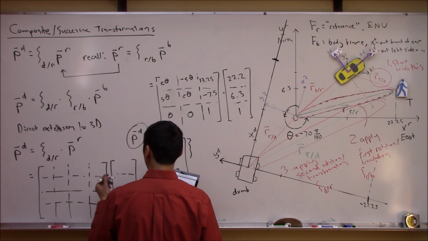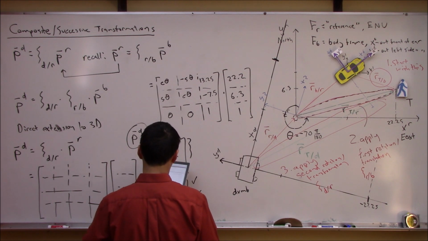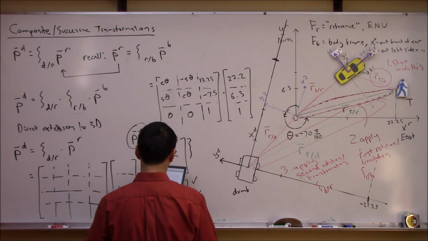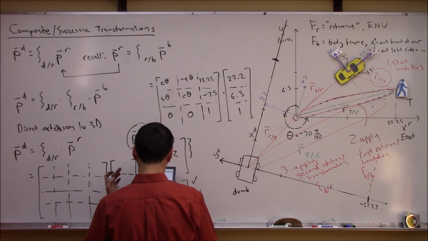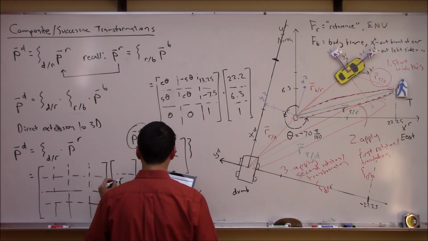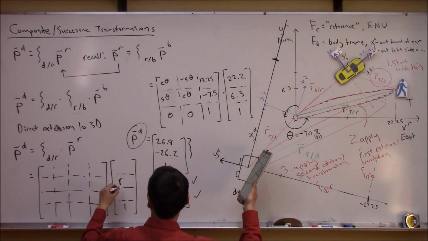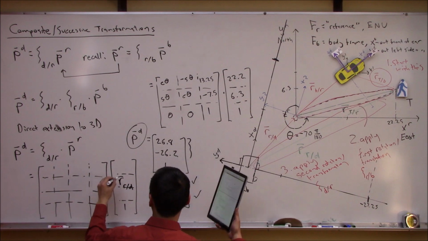So this is still going to be the position. Let me just make sure I'm not using the wrong subscripts. Long story short, this should be R, RD, right?